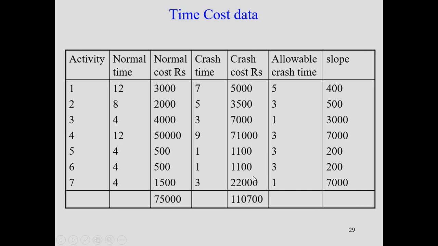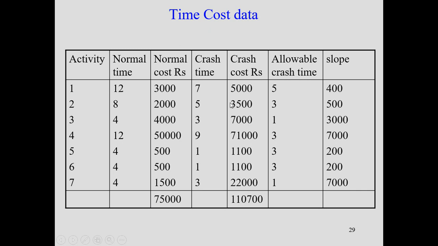So here we can calculate the crash slope: 5,000 minus 3,000, which is 2,000, divided by 5. So we get 400. This is the crash cost, 5,000, minus the normal cost, 3,000, divided by the normal time of 12 minus the crash time of 7, which is 5.